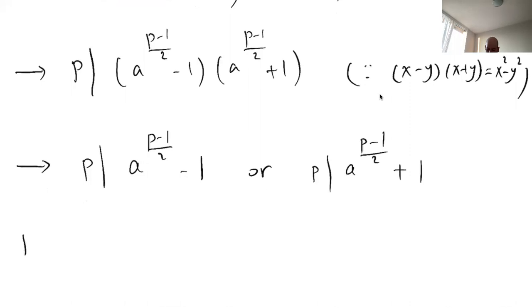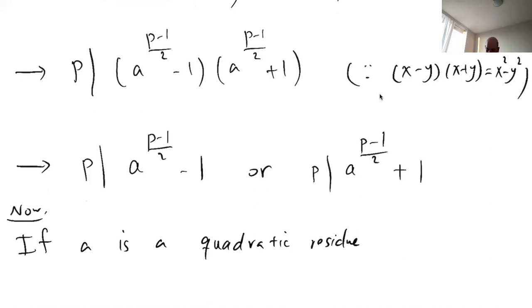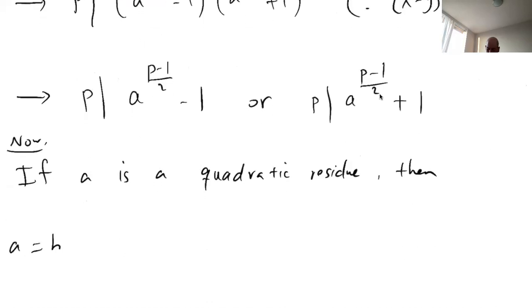So if A is a quadratic residue, then A will be equal to some B squared, right? A will be equal to some B squared.